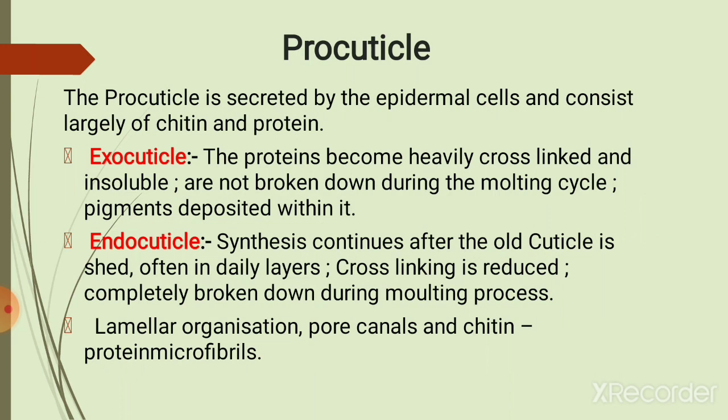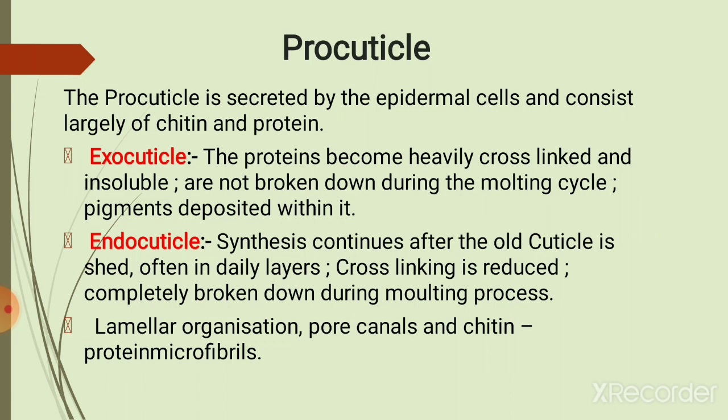Then next is procuticle. The procuticle is secreted by the epidermal cells and consists largely of chitin and protein. It is a lamellar or stratified structure, differentiated as an outer exocuticle and inner endocuticle. The exocuticle is darkly pigmented, hard.